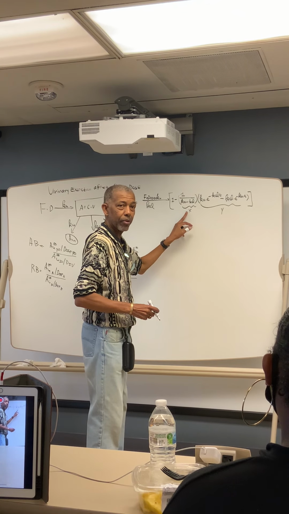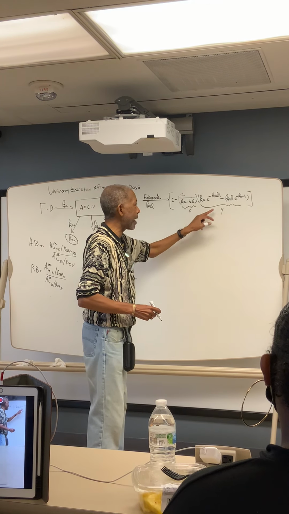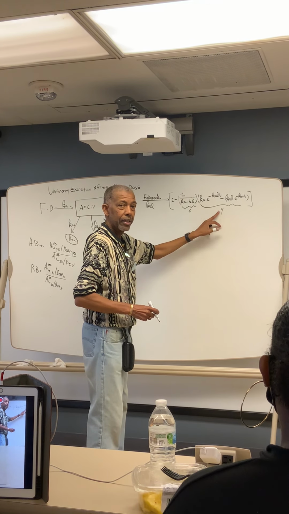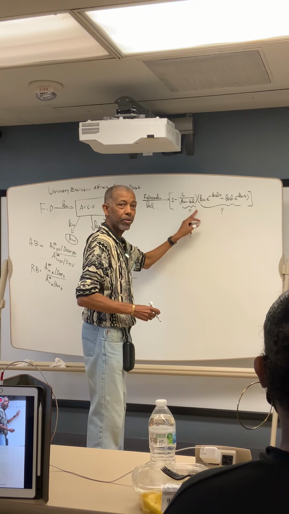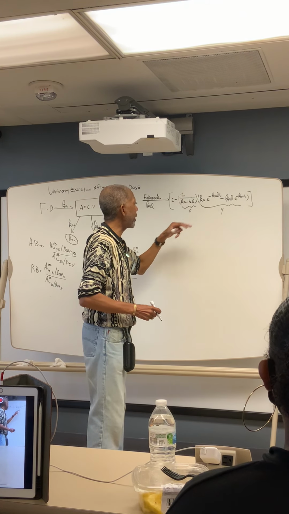X is not 0, but X times Y will be equal to 0. So I have 1 minus 0, one. I'm not saying that right. Oh, wait a minute, I'm doing something wrong.